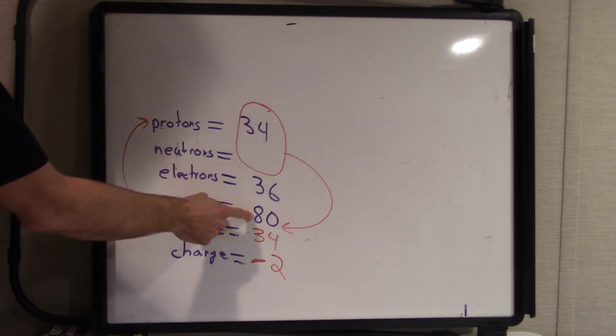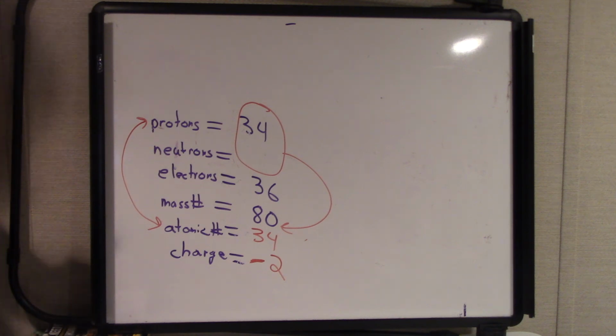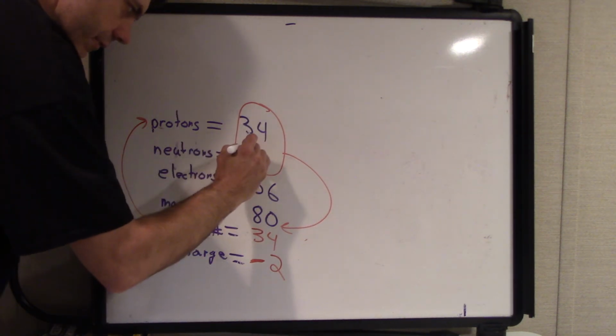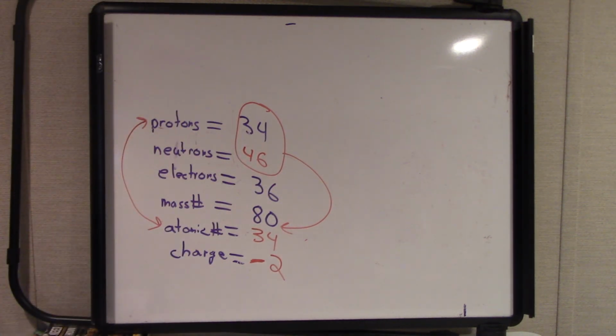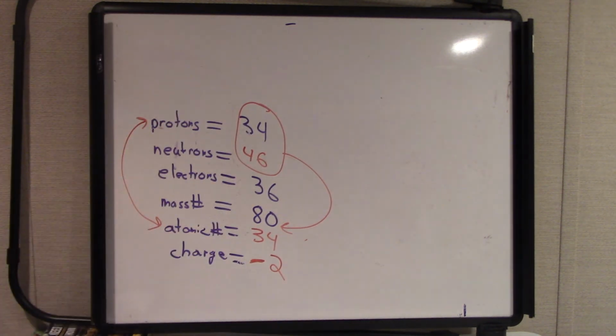So of that mass of 80, if 34 comes from the protons, the rest needs to come from the neutrons. Well, 80 minus 34 gives me the 46 neutrons that I have in this specific isotope. So that's how we were able to fill in the rest of the table.